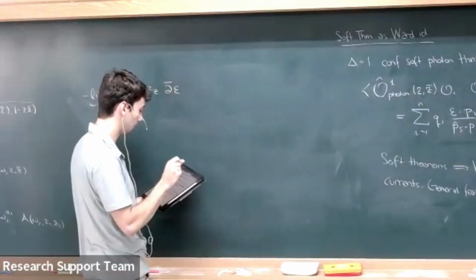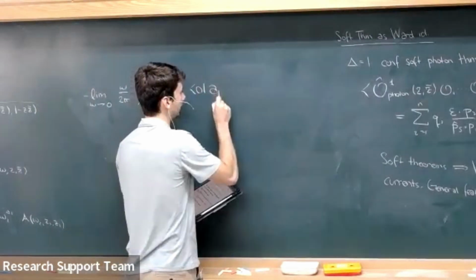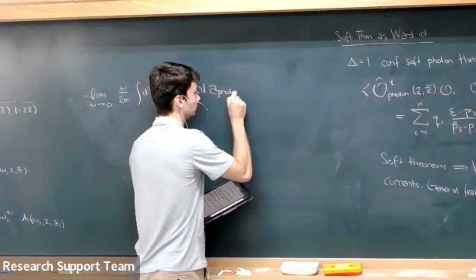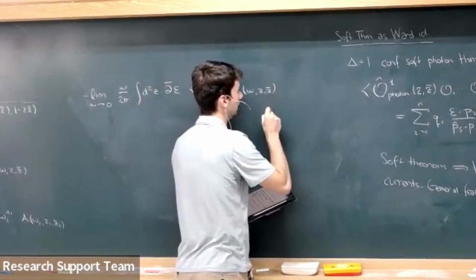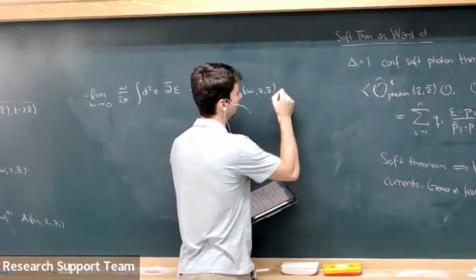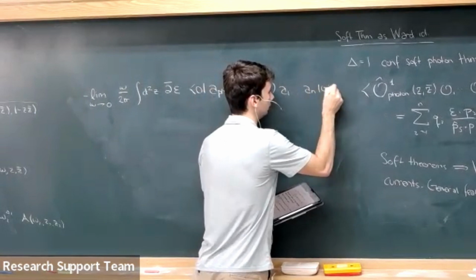So now it's the anti-holomorphic derivative with respect to epsilon. I have some scattering amplitude with the now photon, which I'm going to take to be soft in the momentum space sense, not conformally soft.